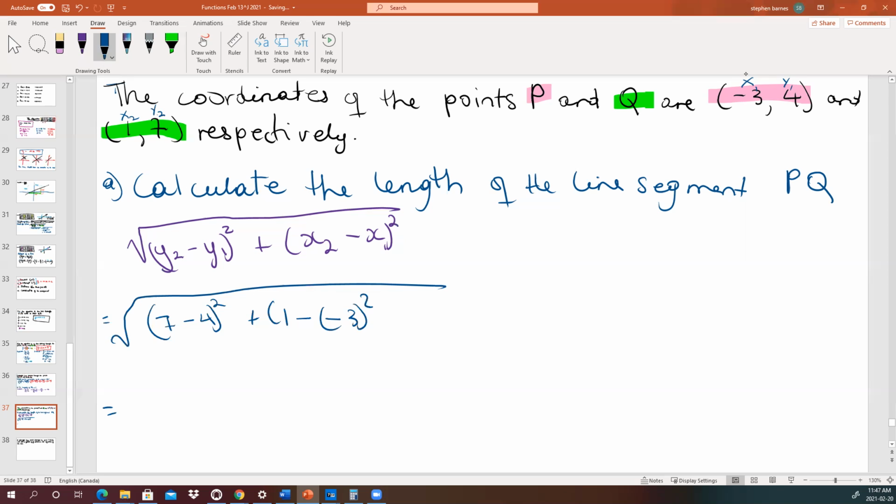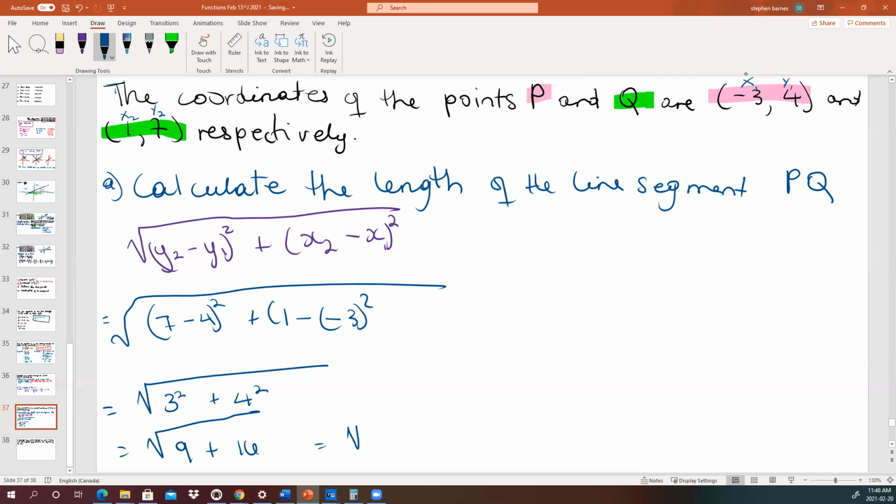7 minus 4 is 3. 3 squared plus 1 minus 3, so that's 1 plus 3, that's 4 squared. 3 squared is 9, plus 4 squared is 16.